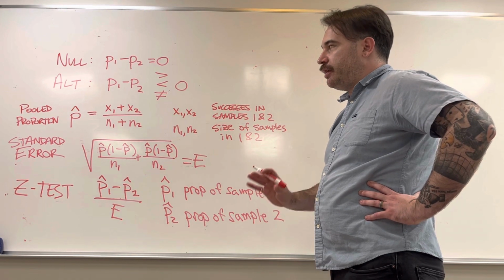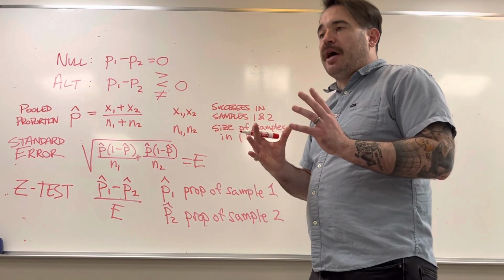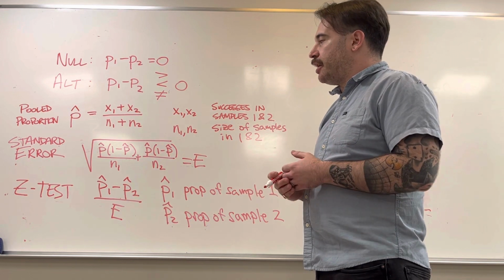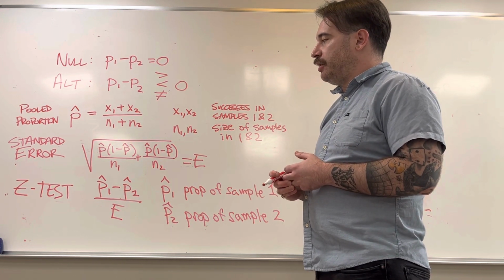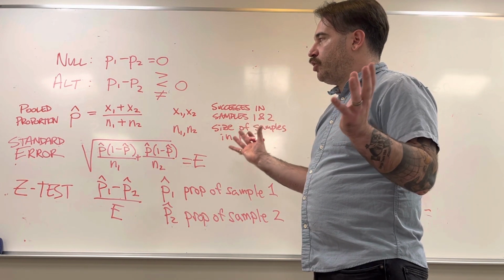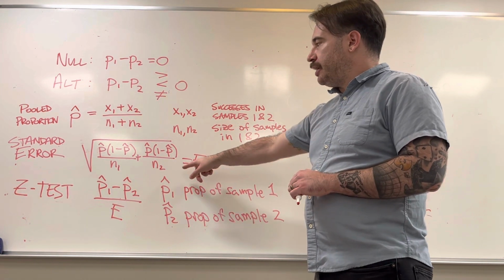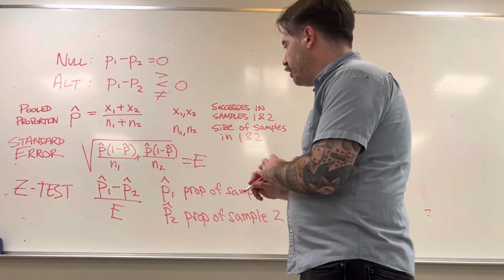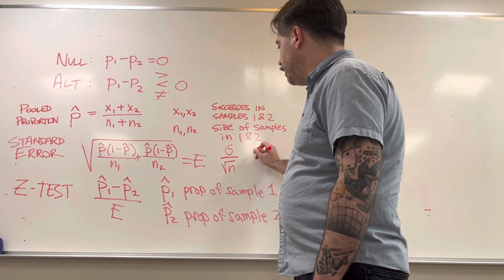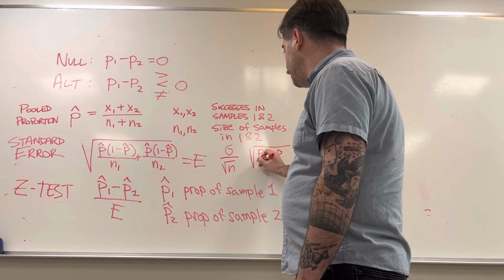So what this is doing in kind of a convoluted way is it's taking 2 different samples and mashing them together to figure out a standard deviation and an error and everything. Well, in this case, we're not looking at really a standard deviation until we get to the z-test, but you know what I mean. So we're crashing these 2 populations together, and once we get that, we can get the error. This should look similar. Remember that we had error calculations of like sigma over root n, or p times 1 minus p over n.